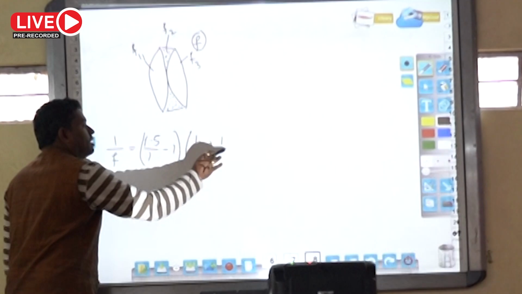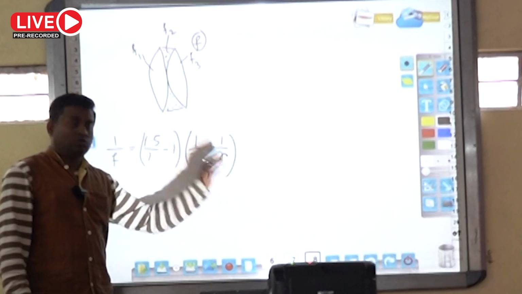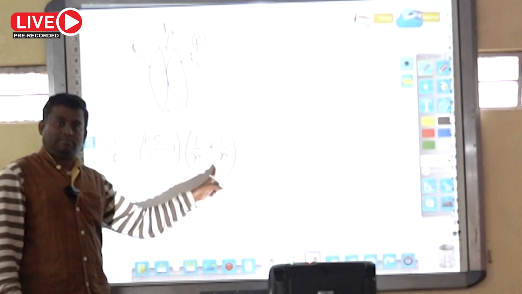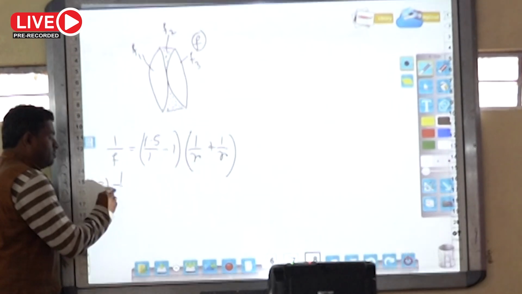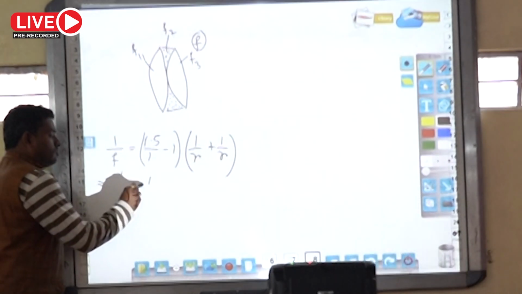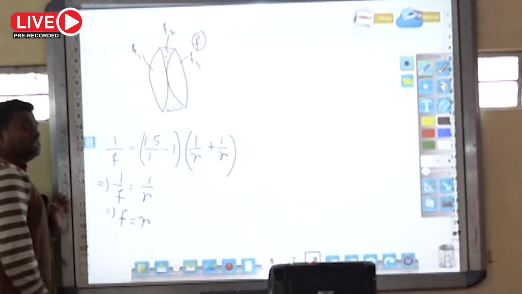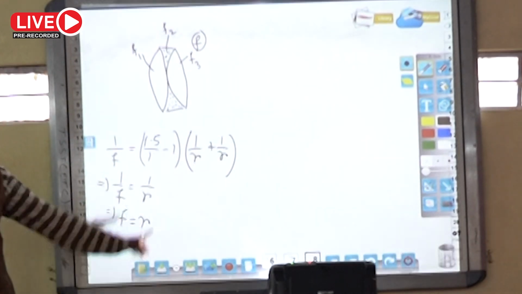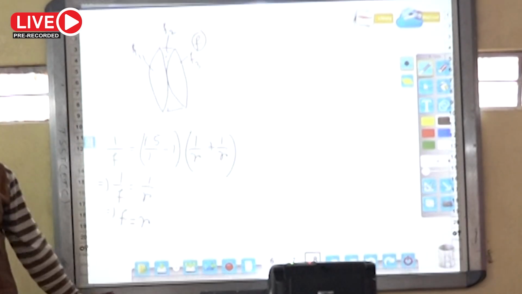The second term is 1/r also, plus 1/r, because in 1/r1 - 1/r2, according to the sign convention r2 will be negative in this case, so it will be 2/r. So it will become 1/f = 1/r, so f = r. Focal length and radius of curvature will be the same. For the glass equiconvex lens in air, this is the calculation.